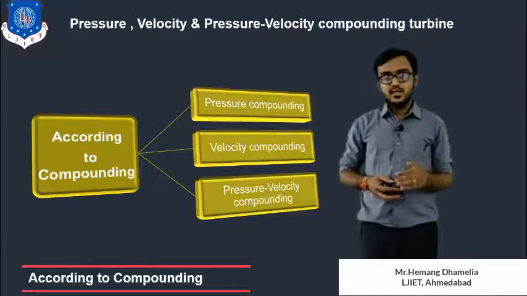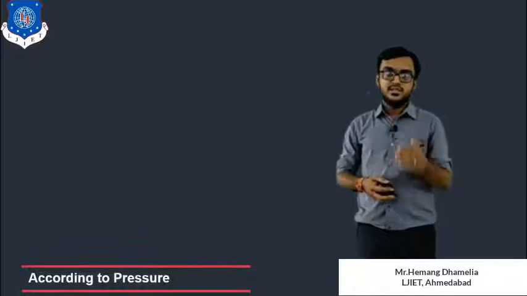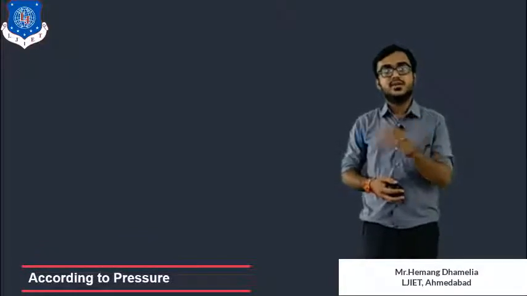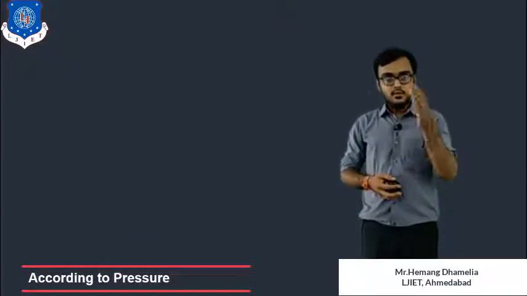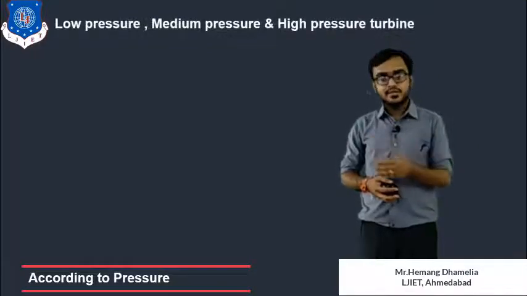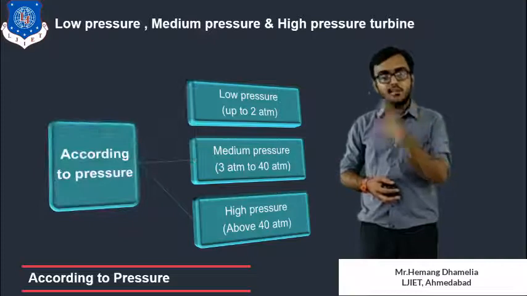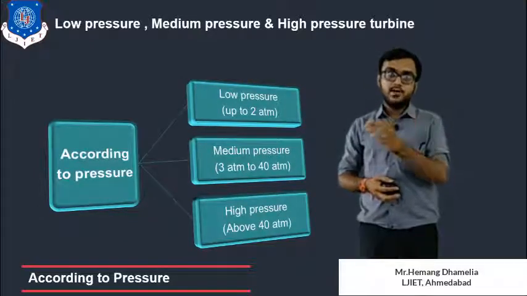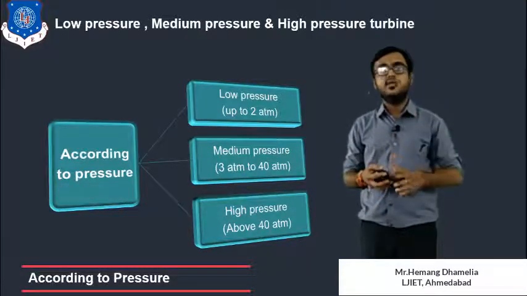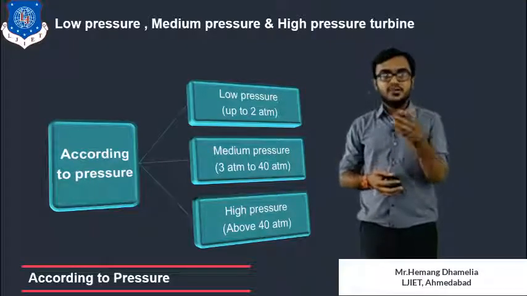Now the next classification is according to the pressure. According to the pressure, steam turbines are classified into three categories: low pressure turbine, medium pressure turbine and high pressure turbine. If the pressure at the inlet of the turbine is near about 2 atmospheres, then this type of turbine is called a low pressure turbine.